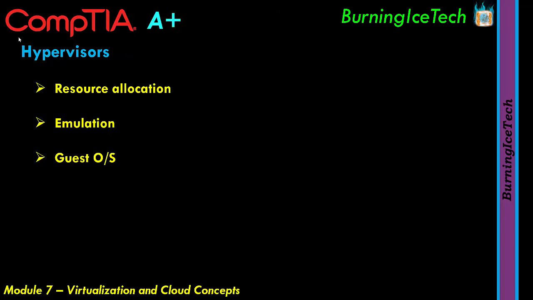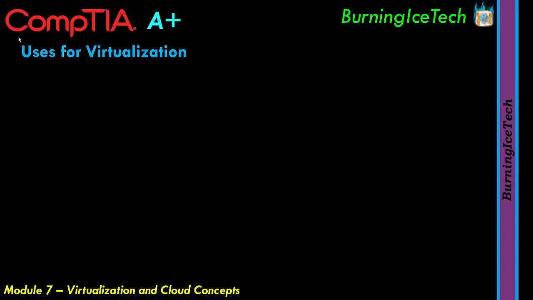So I think now you guys have got a bit of a background as to what hypervisors actually are. These are the software you would go and install or turn on to run the actual virtual machines and to create the actual virtual machines. All right, so let's talk about uses for virtualization. Why would you want to go and do this?